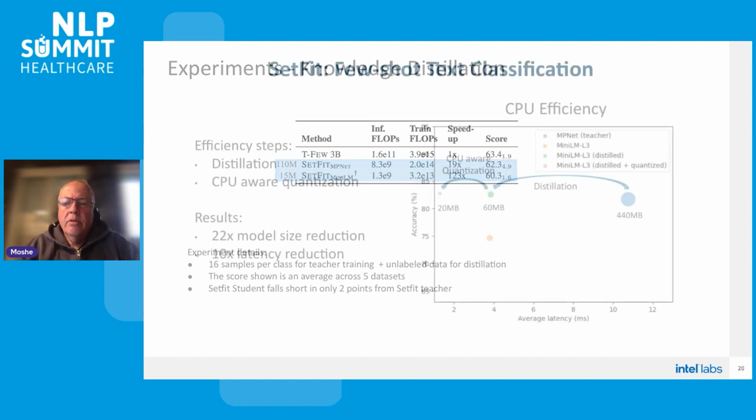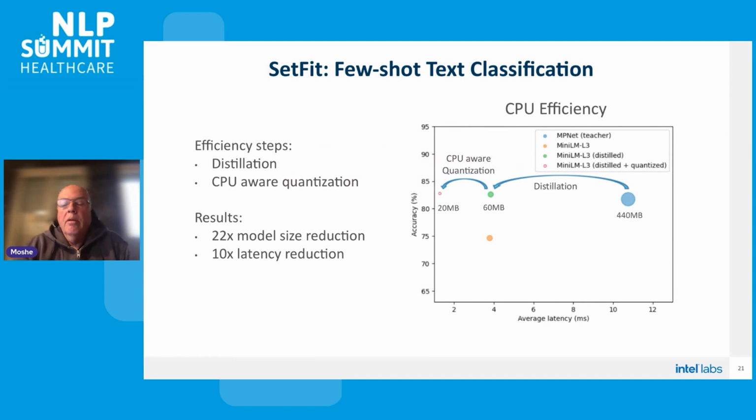This slide also shows that we can do even more and even add quantization. So we start with SetFit with MPNet, which is 100 million parameters, and it's of course about 440 megabytes.